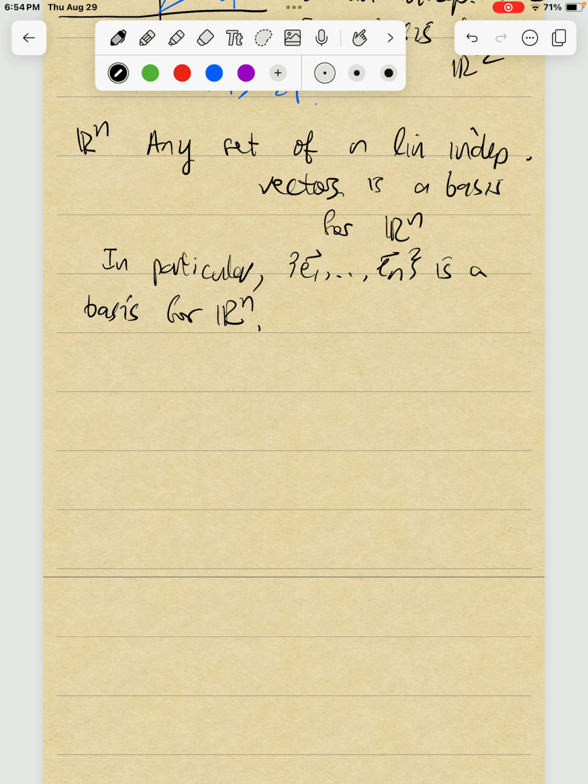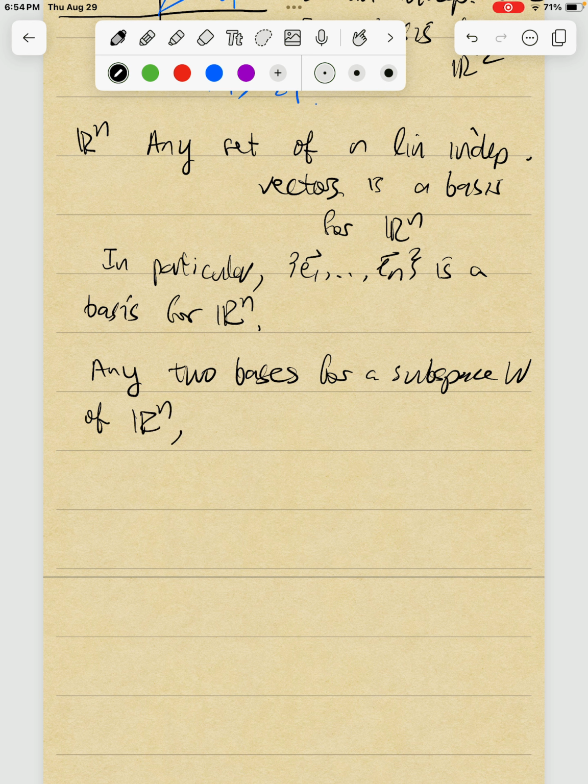And the theorem is that if you have a subspace W of Rn, then any two bases for it have the same number of elements. So that's the theorem.